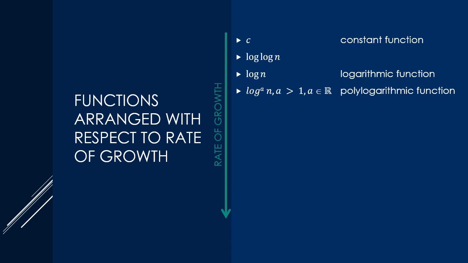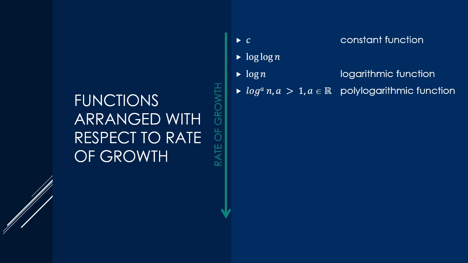Now people may ask, what is the difference between log n and log of n whole to the power a? First of all, in computer science, we work with binary formats, so all logs are to the base 2. Now, to compute log log n, we first compute the log of n, then the log of this answer.